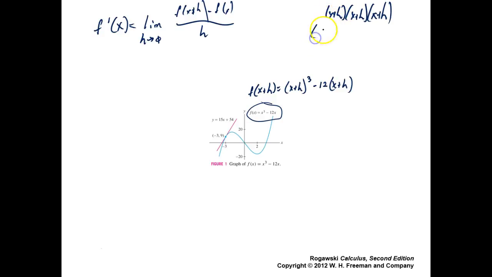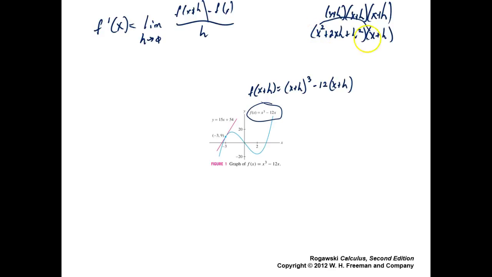Okay. What would they give you? X squared plus 2xh, right? Plus h squared. And you'll take that and multiply it by x plus h. Remember, it's the first squared, twice the product of the 2, plus the second squared. Okay, now doing this one, do it a term at a time.